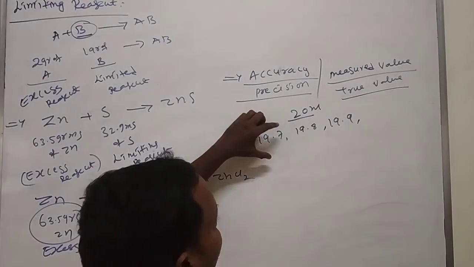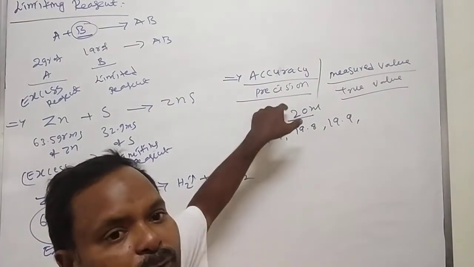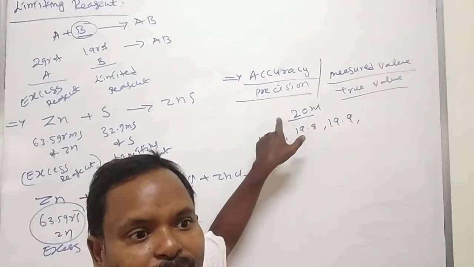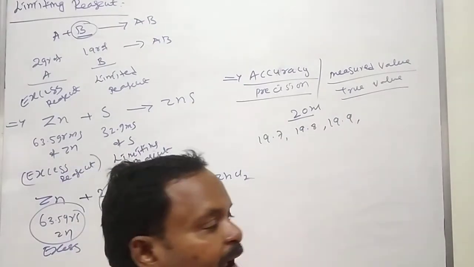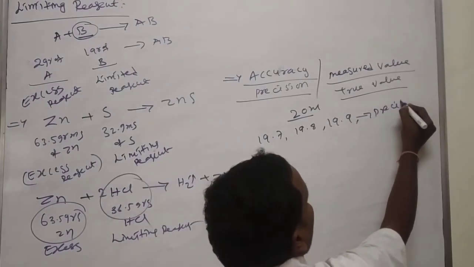Here the measured value is nearly equal to the true value. Then we consider it as precision. These are called precise values.